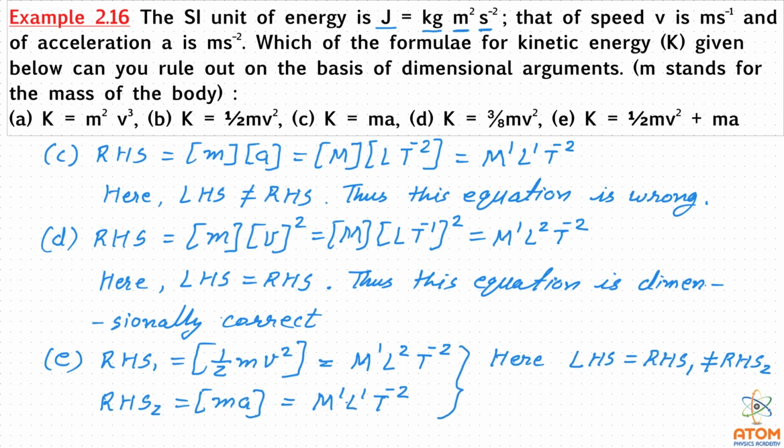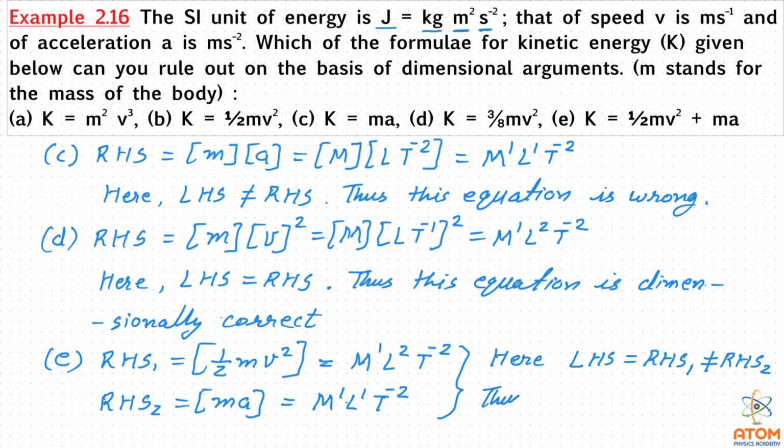The left side was having dimension formula M1 L2 T minus 2, and here this right hand side 1 is having the same M1 L2 T minus 2, but the right hand side 2 is not having the same, and that's why I have written left hand side is equal to right hand side 1 but not equal to right hand side 2. But in this case also this equation is not correct.